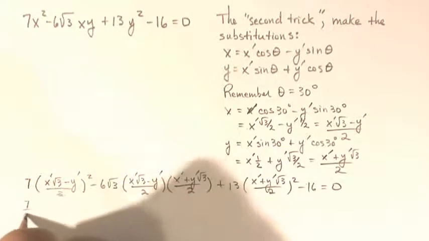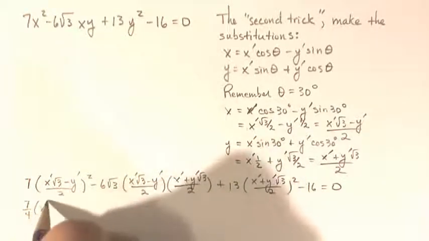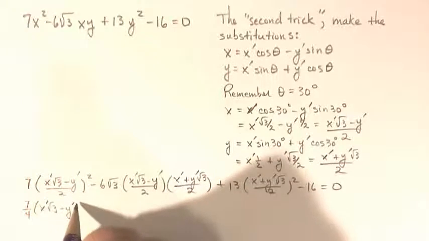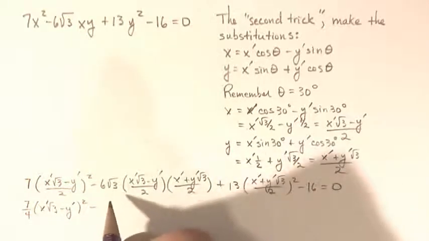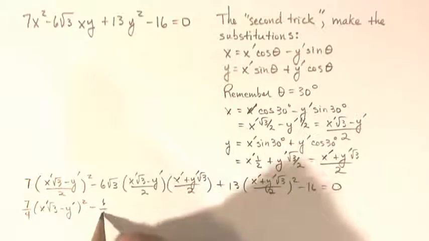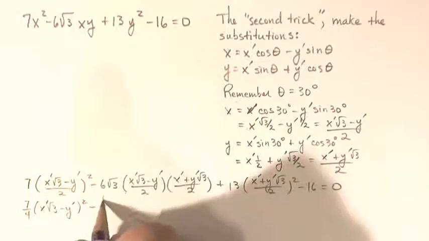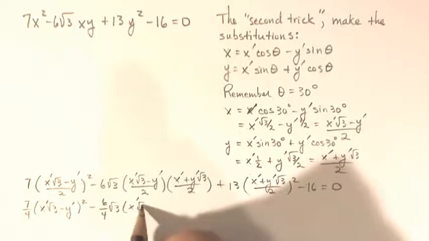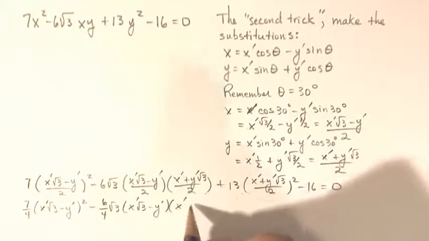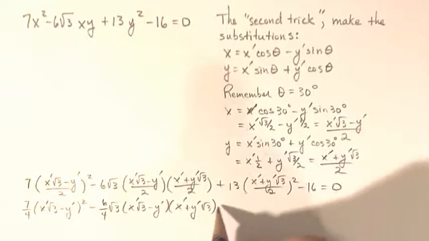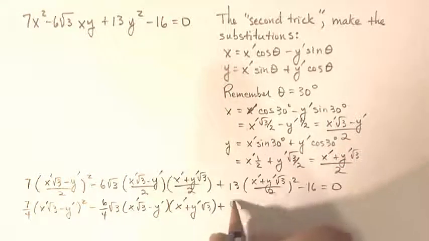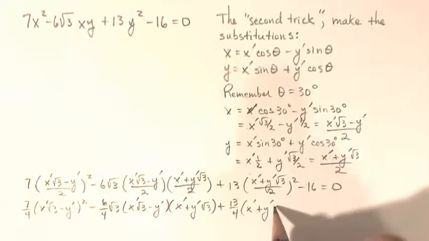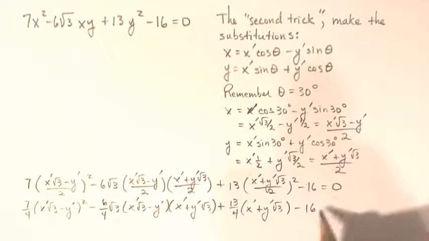We can bring this out as 7 over 4, just leaving us with the x primed root 3 minus y primed squared, minus, now we bring the 4 out, 6 over 4, 2 times 2 is 4, bringing the 4 out, 6 over 4 root 3, x primed root 3 minus y primed, x primed plus y primed root 3, plus 2 squared is 4, bring it out, 13 over 4, x primed plus y primed root 3, minus 16 equals 0.